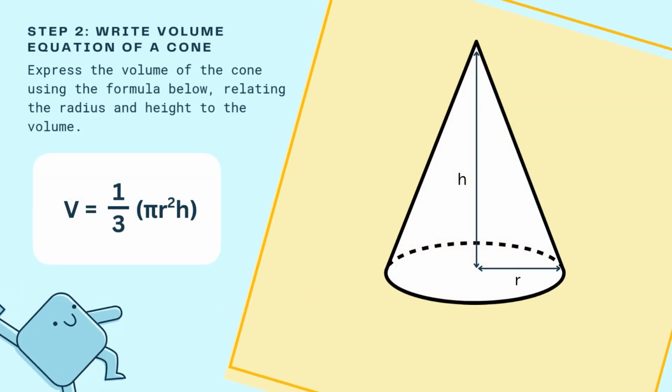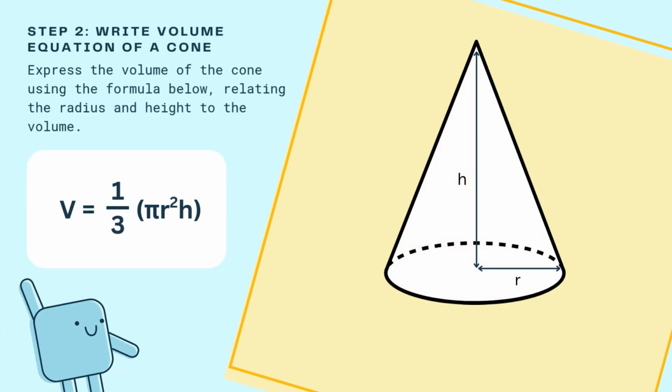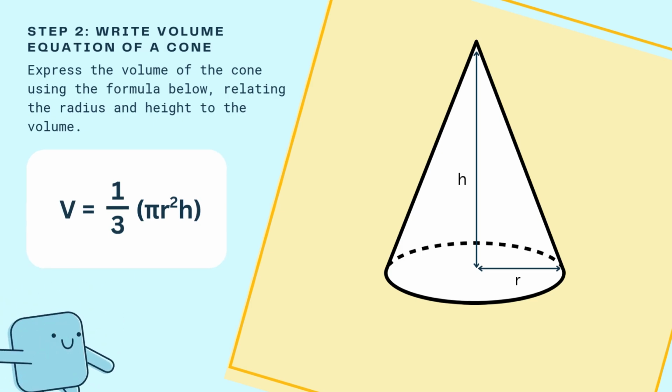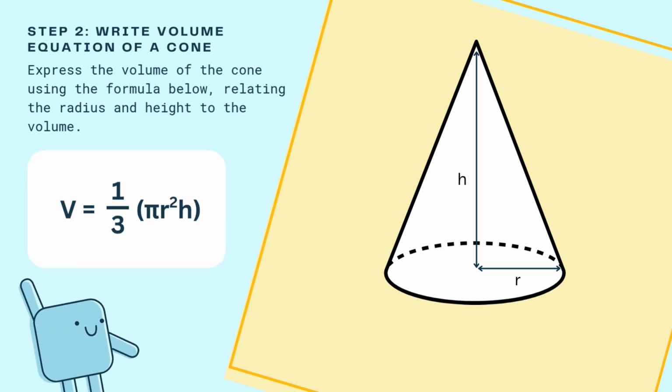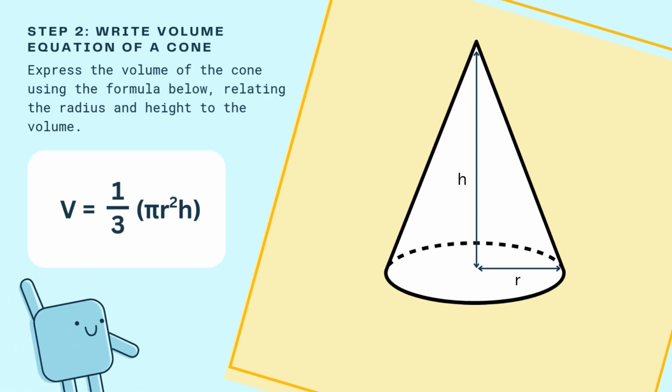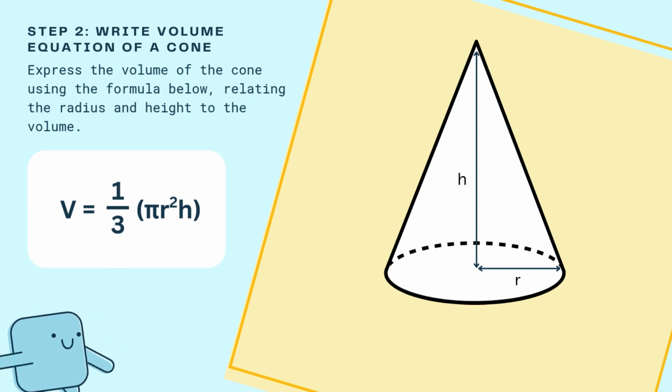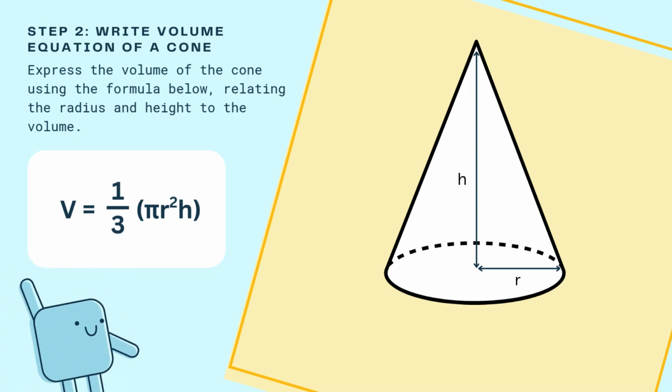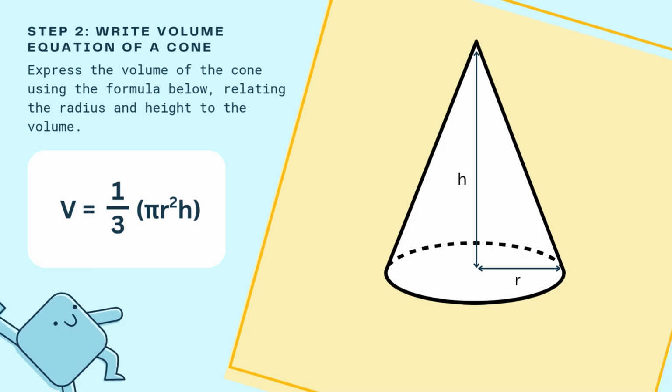Step 2. We are going to write the volume equation of a cone. We are going to express the volume of the cone using the formula below, which is V equals 1 over 3 times pi r squared times H. In this formula, they are relating the radius and the height to the volume.